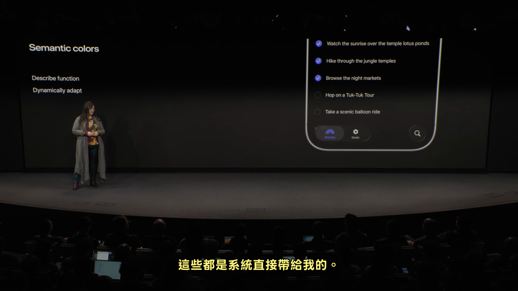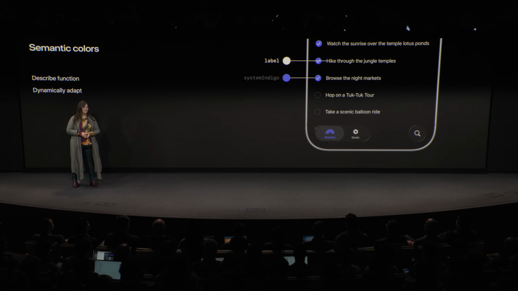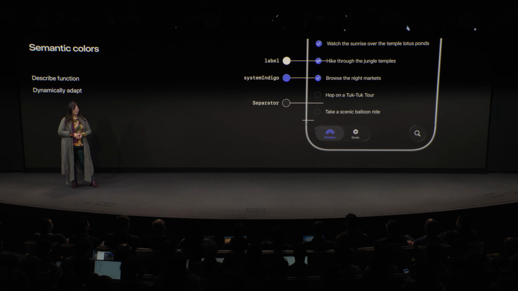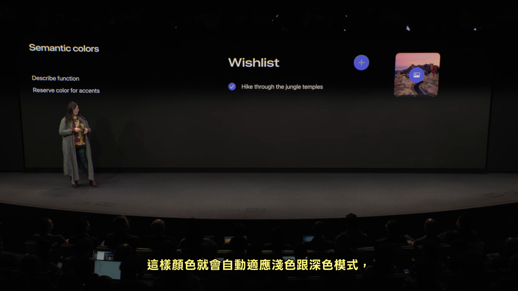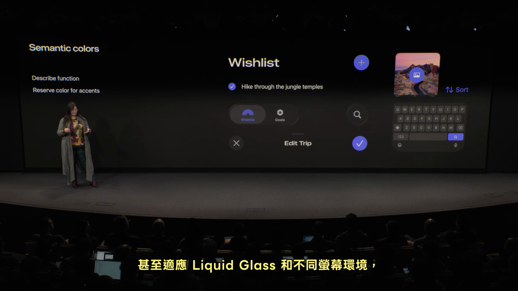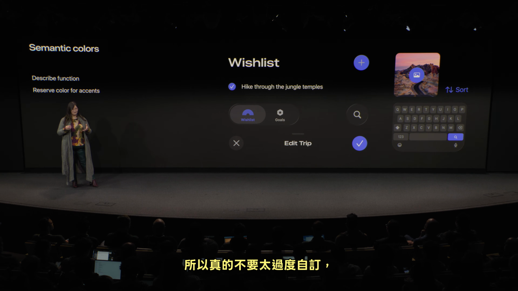All of these are already out of the box for me. The only thing that I chose was this accent color. Because these colors automatically adapt to light and dark mode, also Liquid Glass and different screen environments, it's best not to go overboard with customization, especially with buttons and controls.